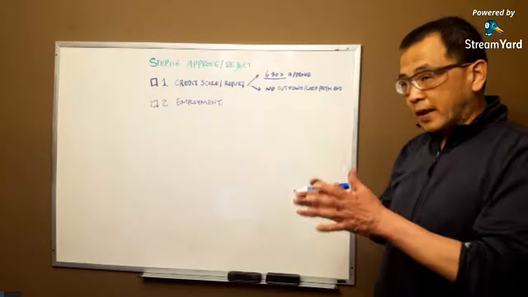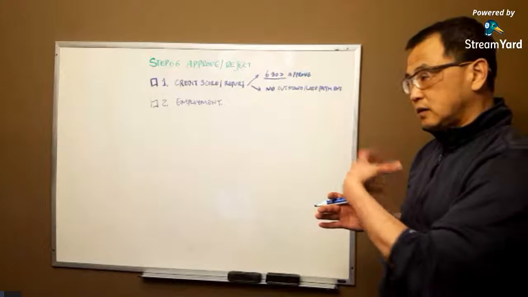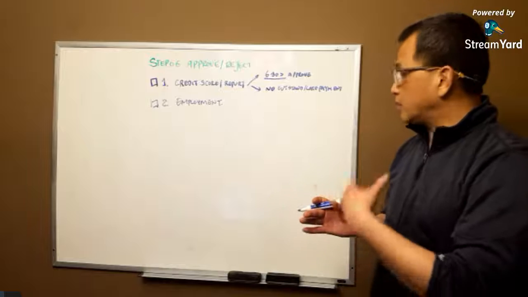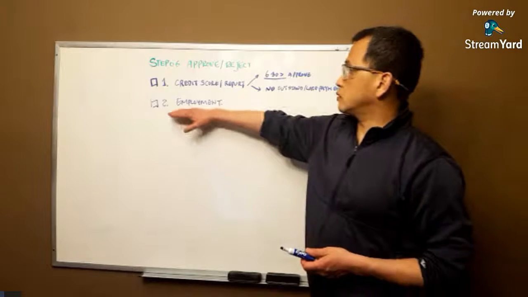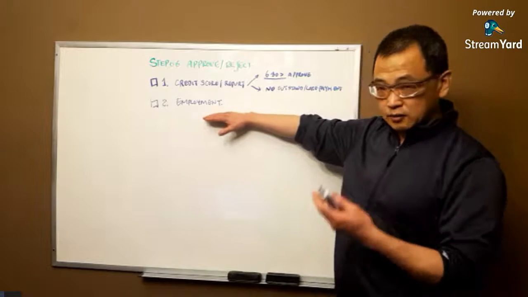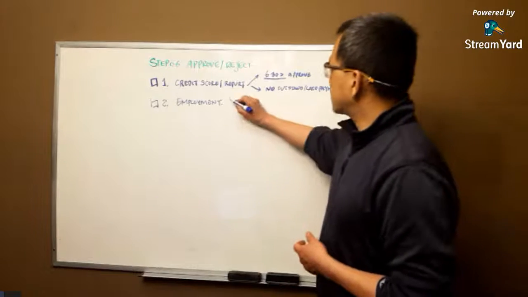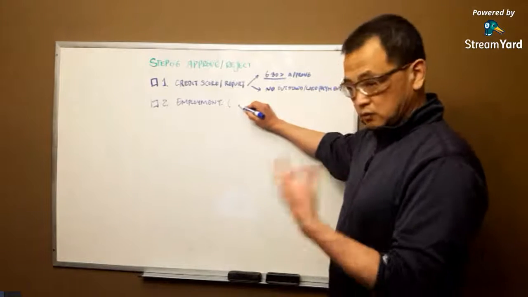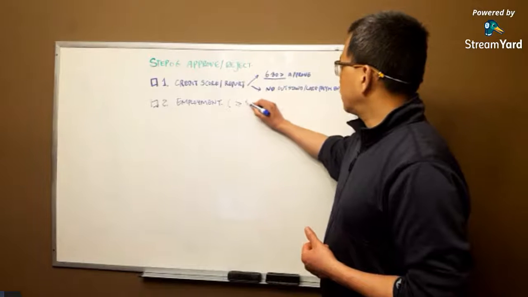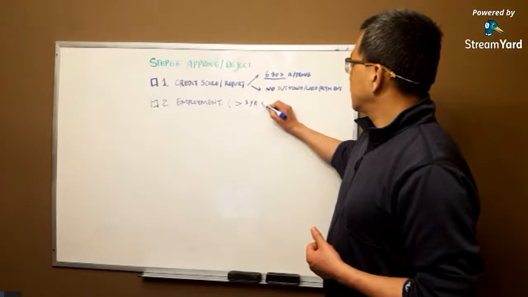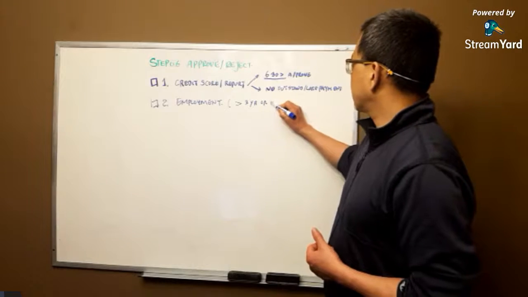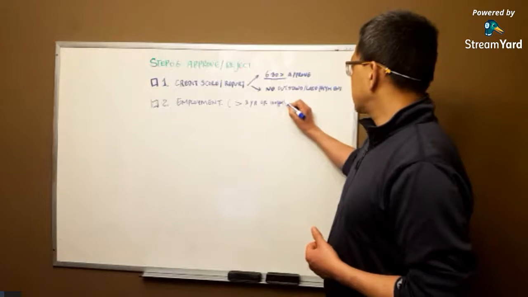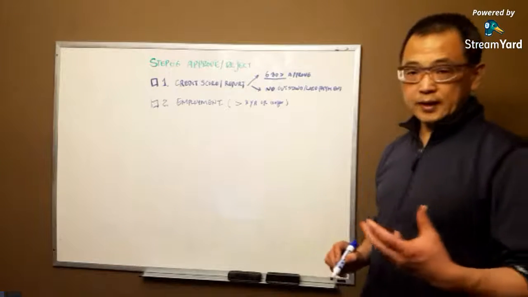All those steady, stable, continuous incomes should be considered. In terms of employment, the main contact should have a steady working history of 3 years or longer. So the stability is what we are looking at.